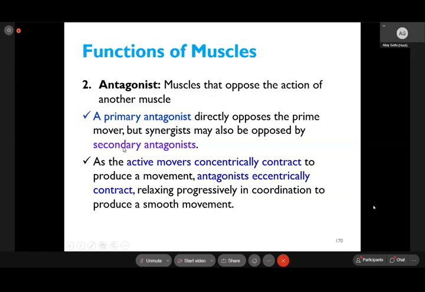The primary antagonist directly opposes the primary mover, but the secondary antagonist opposes the synergists. There is also another group of muscles called synergists. Synergist means assistance, a muscle that assists the primary movers, so it is also opposed by the secondary antagonist.